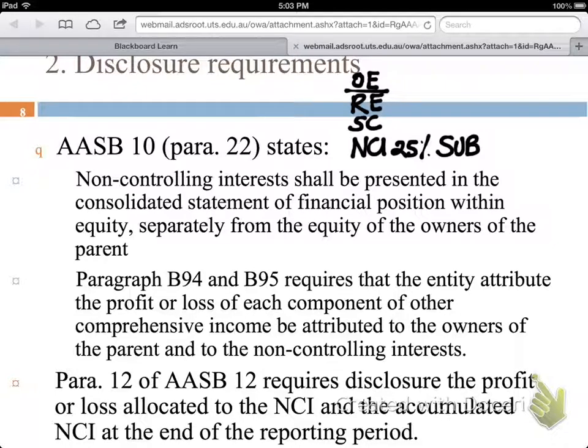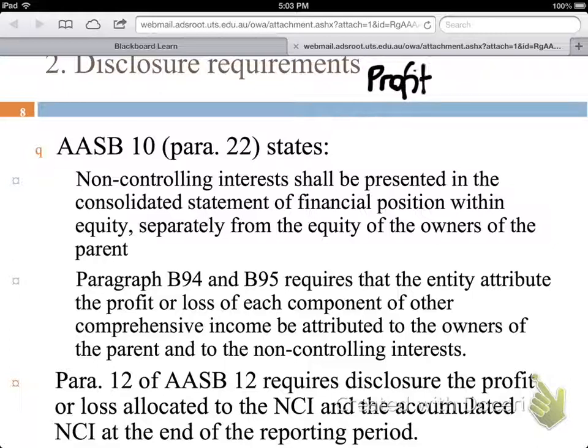Next, paragraph B94 and B95 requires that the entity attribute the profit or loss of each component of comprehensive income to the owners of the parent and to the non-controlling interest. So if I erase this little section here, in the statement of comprehensive income, what we've done up until now is stop at this account called profit after tax.